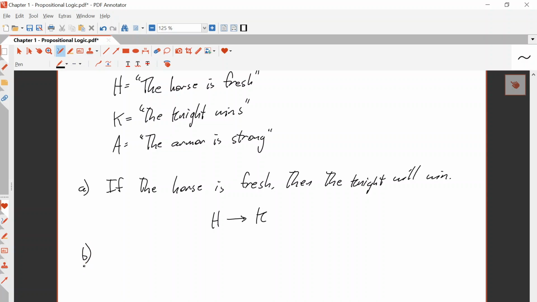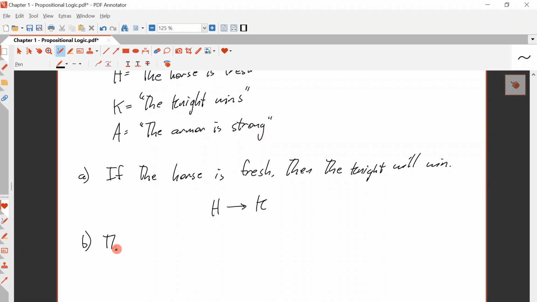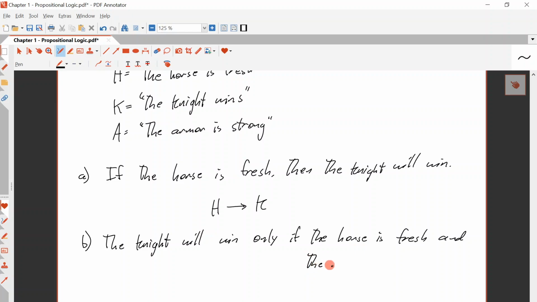B. The knight will win only if the horse is fresh and the armor is strong.